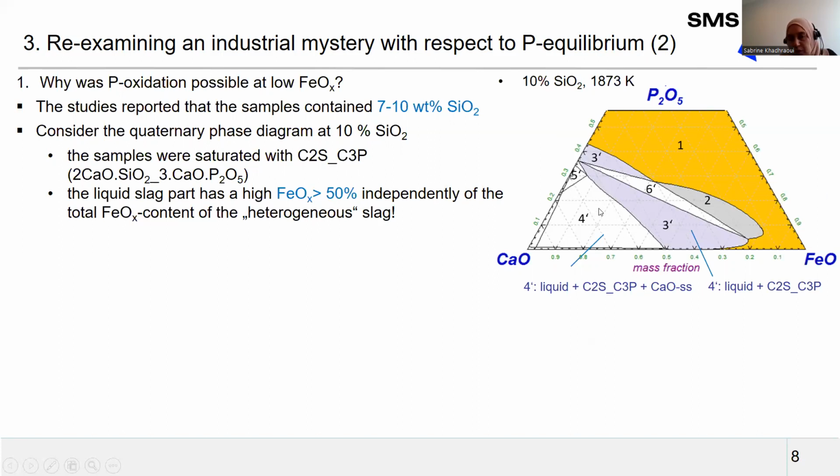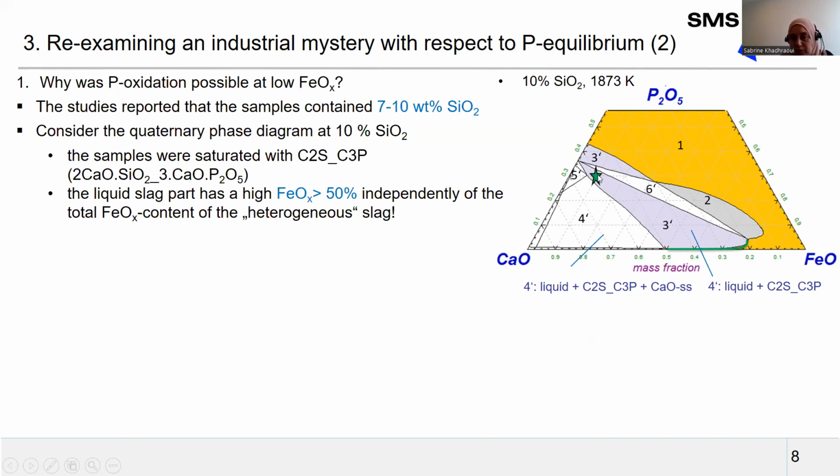If we look at the previous data point, previously it looked like it's in the fully liquid slag region in the ternary system, but in the quaternary system, it is actually within this region, saturated with solid phase. It is a two-phase region, and the liquid slag composition moves along this green line. So the liquid slag will always have a composition higher than 50% FeO, independently of the position of the oxide system or of the slag as a heterogeneous slag.